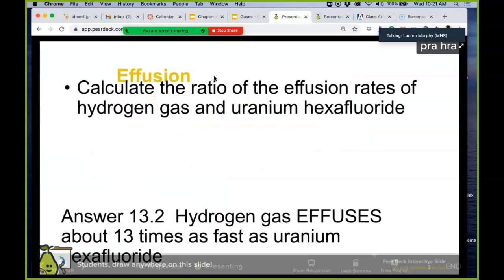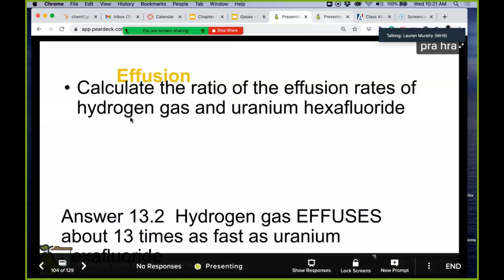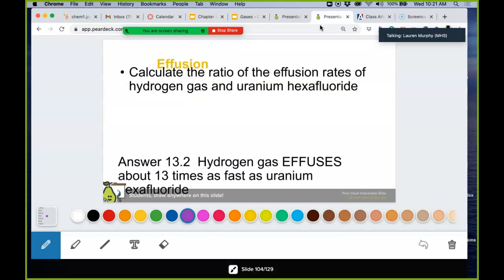So let's do some practice problems. Calculate the ratio of the effusion rates of hydrogen gas and uranium hexafluoride. So, okay, the ratio of rates of effusion. We're going to talk about the rate or speed of hydrogen gas relative to the rate or speed of uranium hexafluoride. They want you to calculate the ratio of effusion rates.